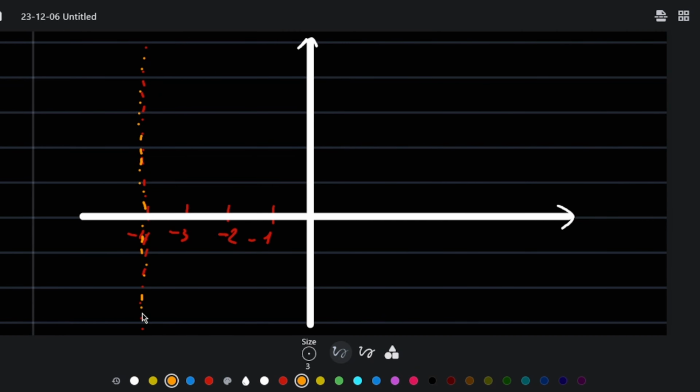So this would be a vertical asymptote. And the same thing for 2. So this is 1, 2, 3, 4, 5, 6. The scale is not right, but I'm just showing the idea. So this is also a vertical asymptote. So this would be x equal to minus 4, and this x equal to 2.